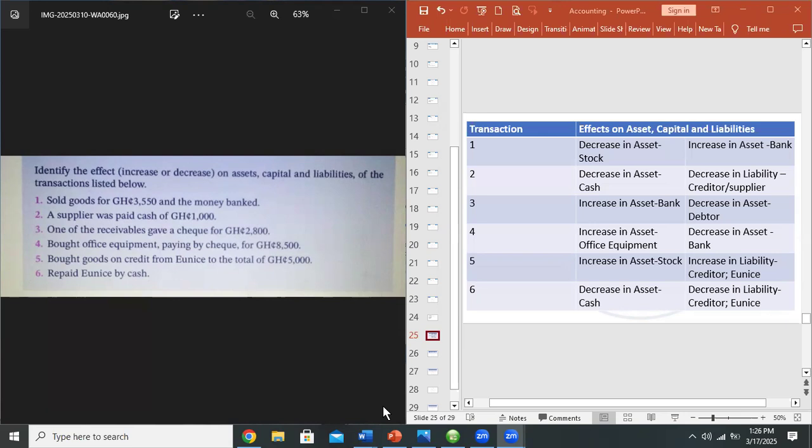So there will be an increase in car in your business. And the family or the business is also going to lose money, cash. Now, technically, the car is an asset. The cash is also an asset. So the effect we can conclusively say is that there is an increase in asset car and there is also a decrease in asset cash.